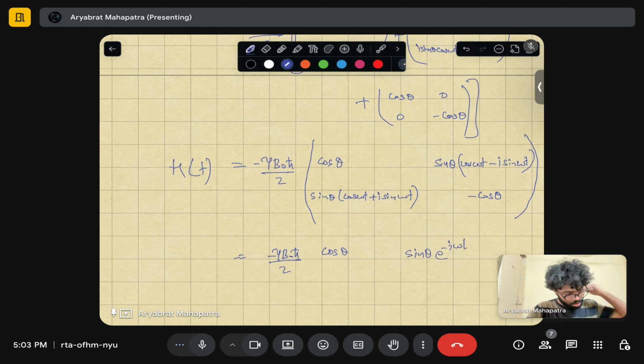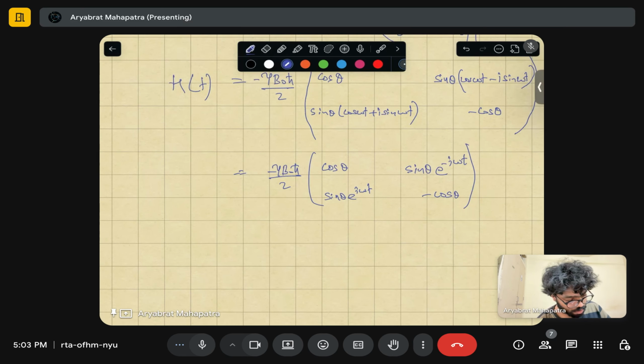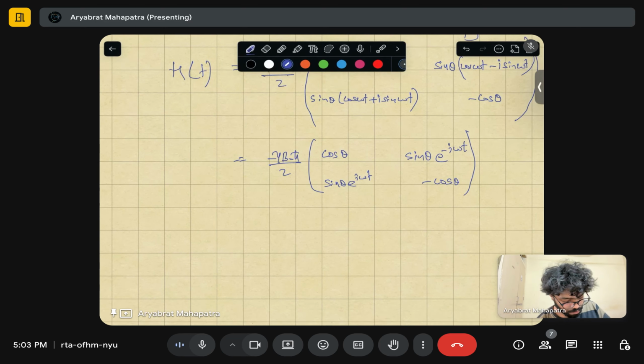This is something you know perhaps from Euler's relation, something you have used many times before. You can write this as exponential minus i omega t, and this is sin theta exponential i omega t and minus cos theta.